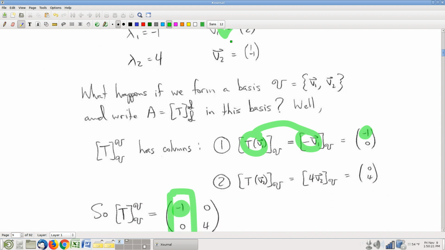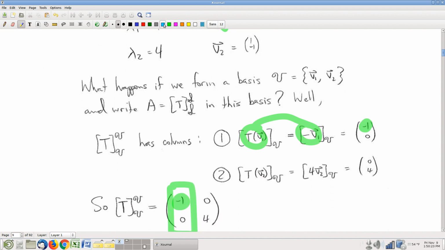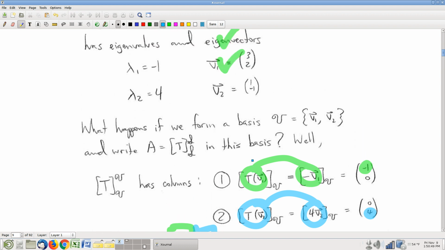And then likewise for the second column. What had to happen in this second column? How did this second column do its share of making this matrix a diagonal matrix? Well, we needed a non-zero entry only in the second position. That happened because T of V2 is a multiple of only the second basis vector. In other words, that happened immediately as a consequence of the fact that that vector is an eigenvector.